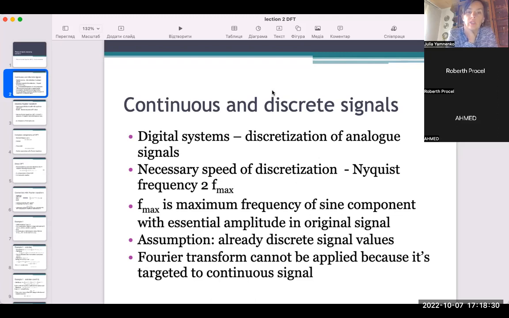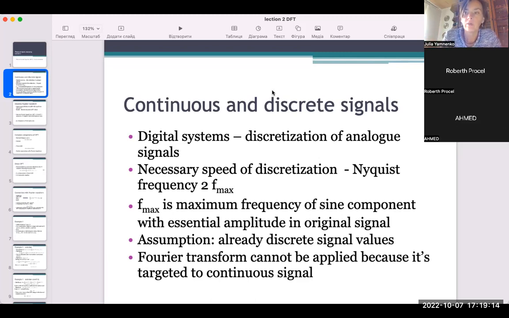Okay, so if we are talking about a digital system, then the signals that go through the system are discrete. And sometimes the nature of many signals is analog. So in order to convert an analog signal to discrete form, it is necessary to make an operation that is called discretization. As a result, we will obtain a signal that is defined by its discrete values at some time interval.